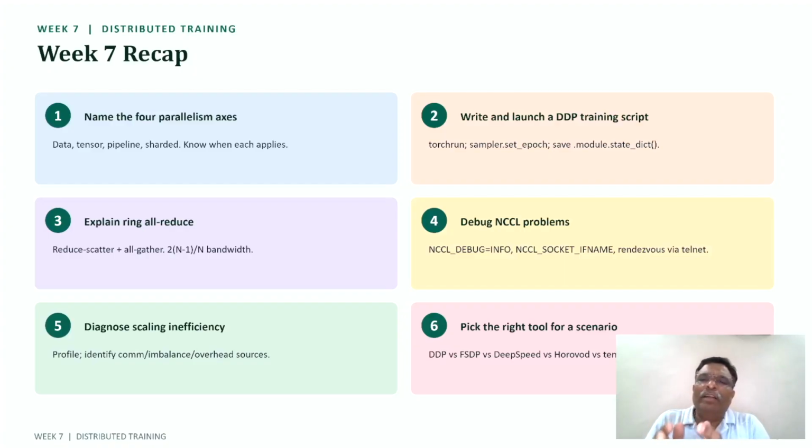We have not written it, but we know that we have to use a sampler and the concept of distributing and then collecting back, so gather, reduce, all of that we have seen. Then we know how to debug using NCCL, and scaling, and whether we should use DDP or FSDP or DeepSpeed versus Horovod versus tensor and pipeline. A brief idea about all of this, not in detail.